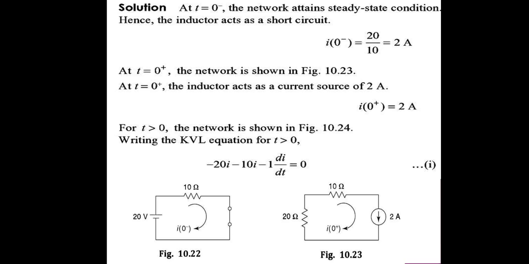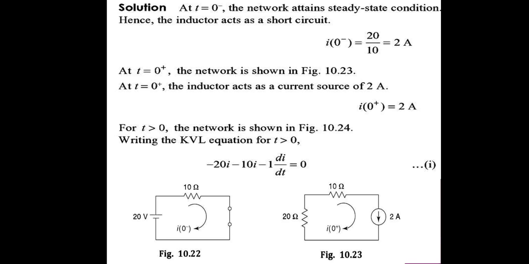Coming to the 0 plus condition, the network shown in figure 10.23, the inductor acts as a current source here. So 2 amperes will pass through it.